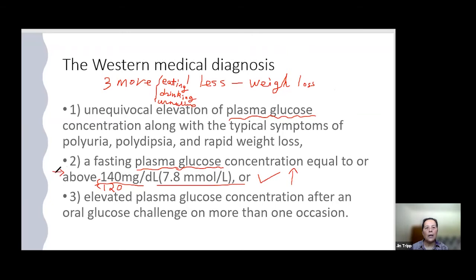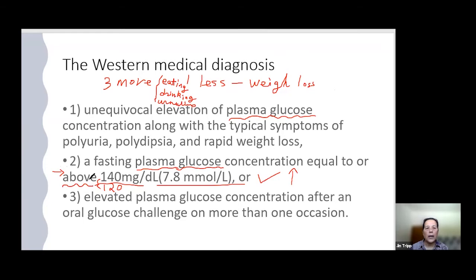Then if we find the glucose level is above normal, then the person is diagnosed. So that's how we diagnose most people.